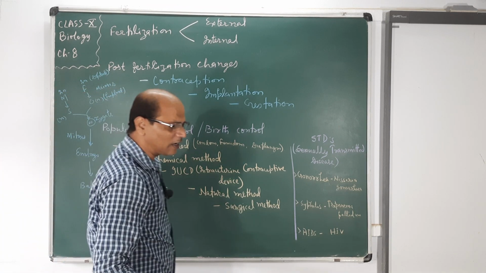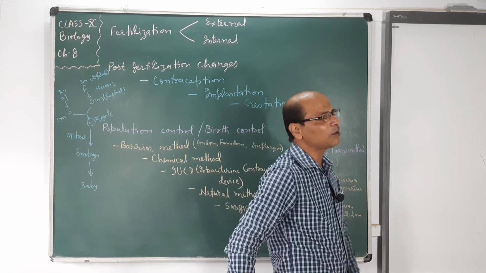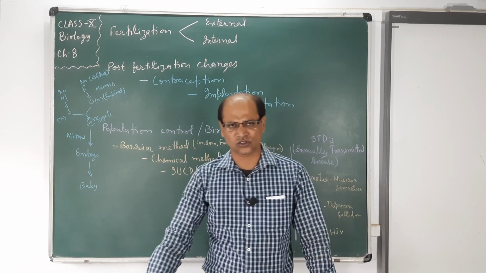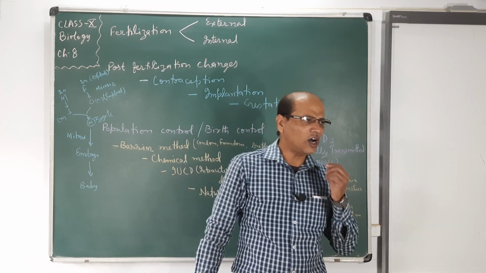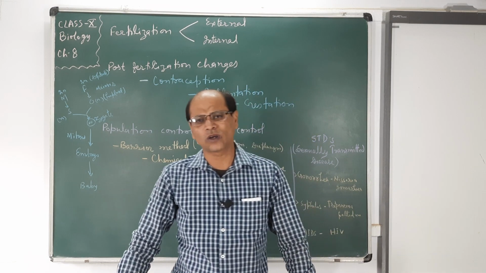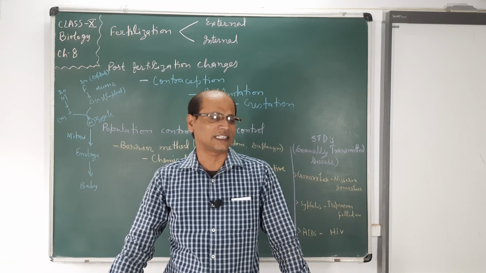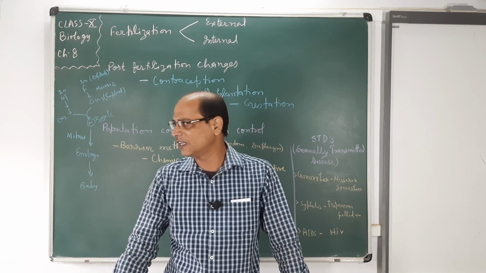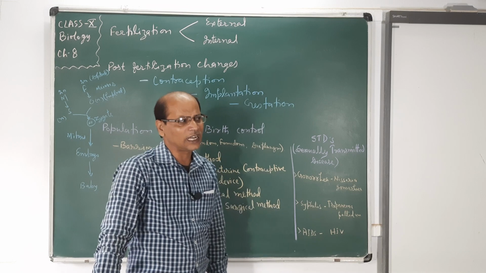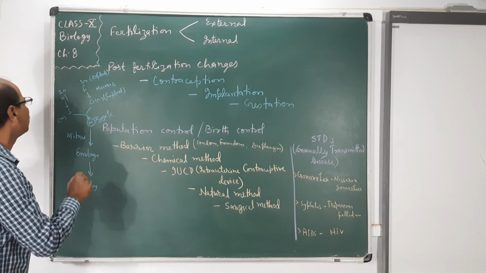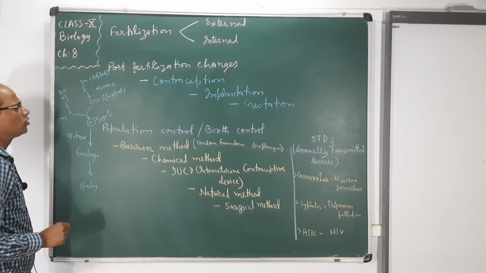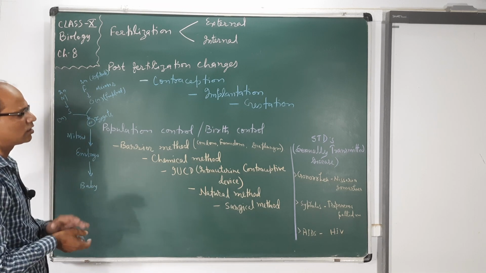Fertilization is required after the formation of gametes. Gametes, either male gamete or female gamete, fertilize together. They form inside the testis and ovary respectively. Inside the testis, the male gamete forms the sperm by the help of meiosis.